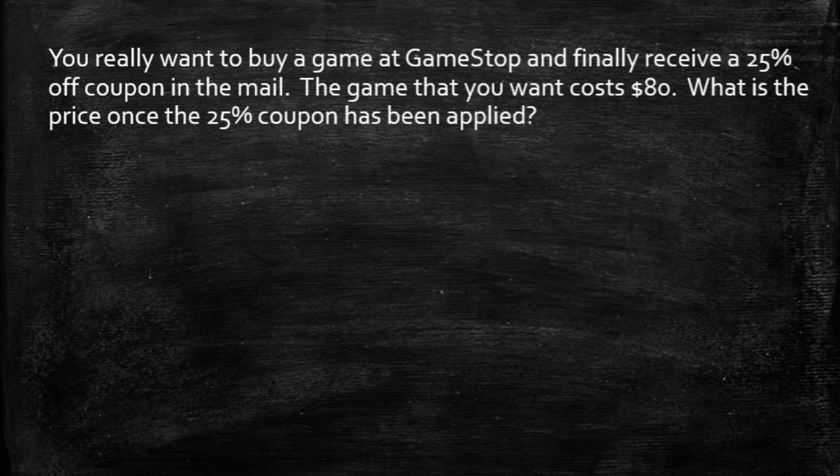So here's our example. You really want to buy a game at GameStop and finally receive a 25% off coupon in the mail. The game that you want costs $80. What is the price once the 25% coupon has been applied? So let's use our cube strategy. We have our numbers here.